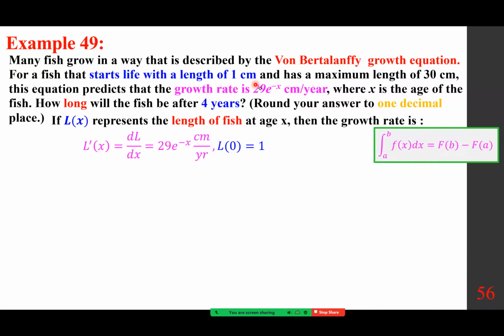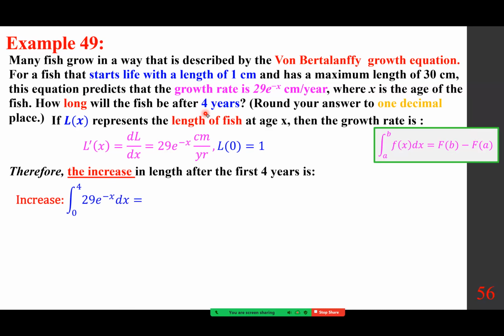I'm going to approach both ways. First, this represents what's called the accumulated change, and we can see the amount of increase over the course of 4 years by integration from 0 to 4, the amount of increase in length.